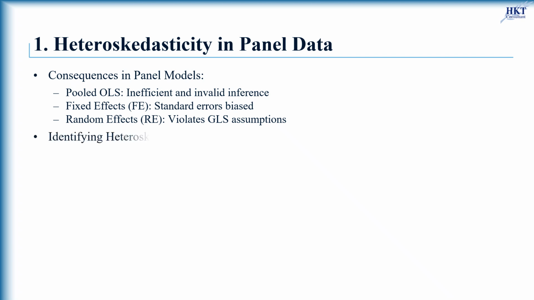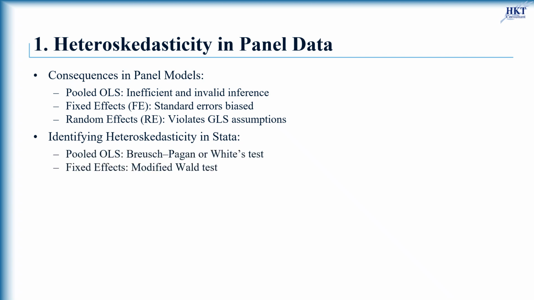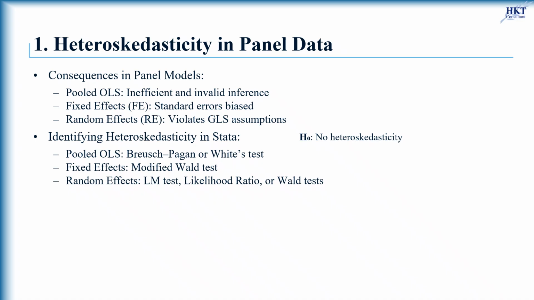To identify heteroskedasticity in panel data, different diagnostic tests are used depending on the model specification. We can apply the Breusch-Pagan test or White's test for pooled OLS models, the modified Wald test for fixed effects models, and the LM test, likelihood ratio, or Wald tests for random effects models. In general, heteroskedasticity tests are based on the null hypothesis that there is no heteroskedasticity, against the alternative hypothesis that heteroskedasticity is present.